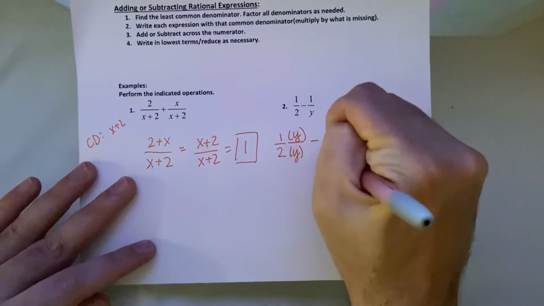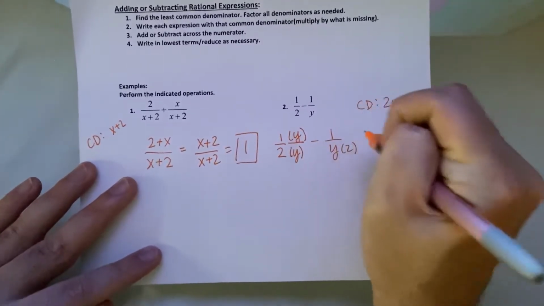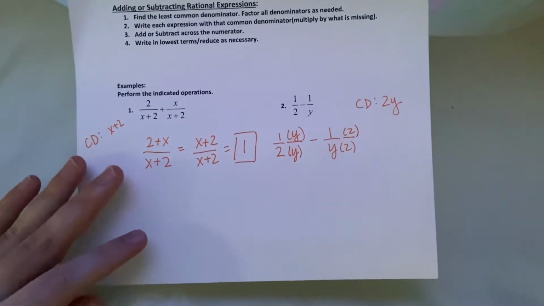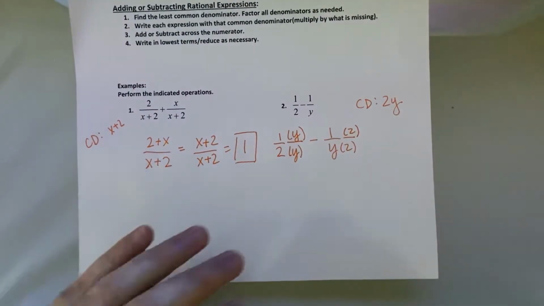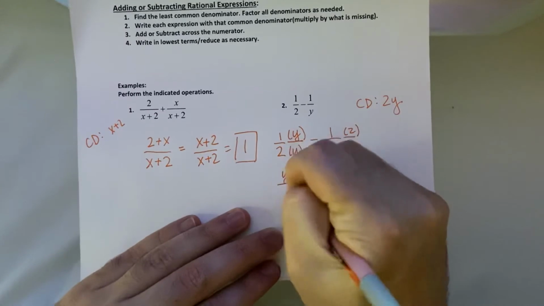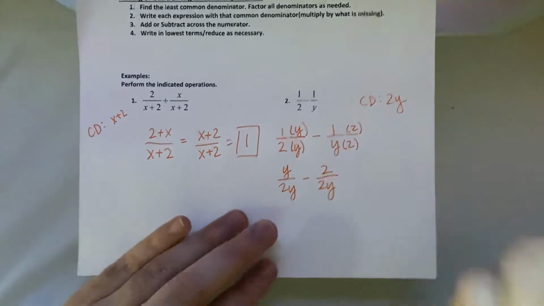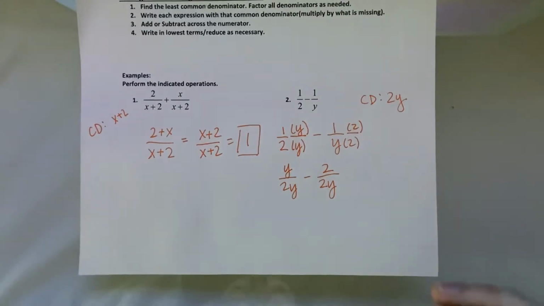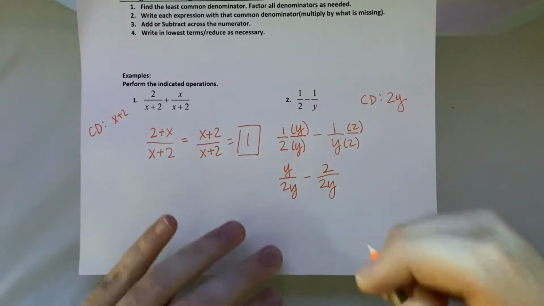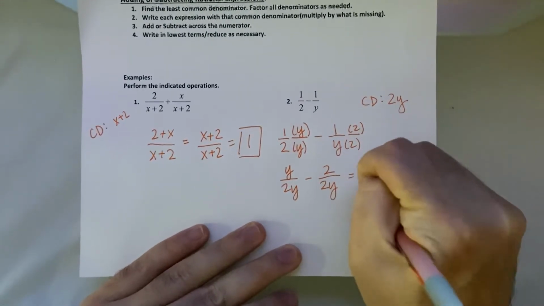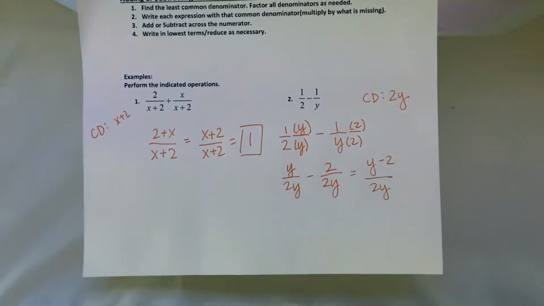The 1 over y is missing the 2, so anything that I multiply into the denominator also gets multiplied into the numerator. So this is y over 2y minus 2 over 2y. I'm going to put them in order. Now that they have the same denominator, I can just subtract across the top, the numerator, y minus 2 over 2y.